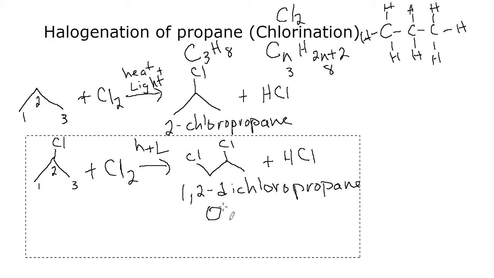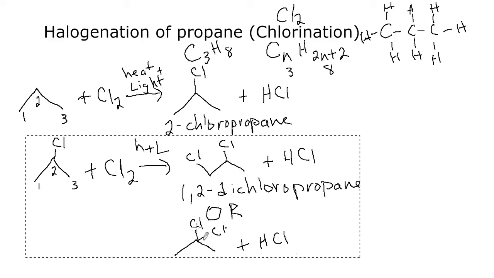The other option would be for it to add to carbon number 2, actually, the carbon number 2 right there. So what we could have is this molecule right here. Here's our original chlorine, and here is our new chlorine. And we would make HCl. Okay.